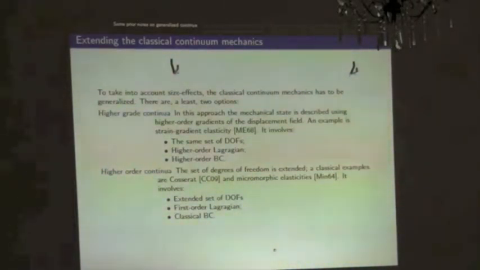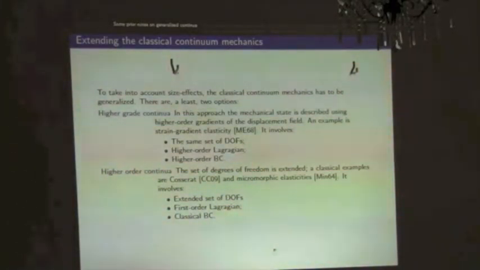The second option is to say, okay, I will stay with the first order Lagrangian description of my physical system, but to capture what is going on, I will add more degrees of freedom. This is what is done in micromorphic elasticity.